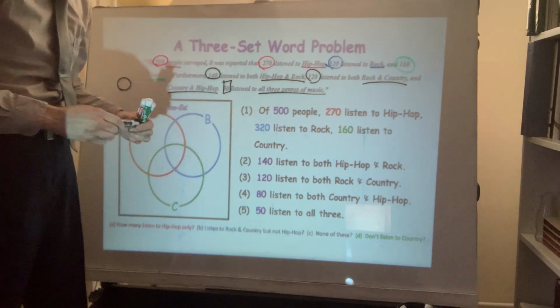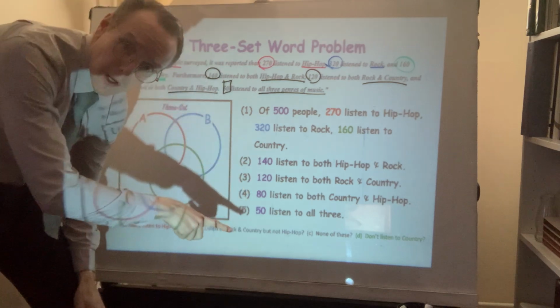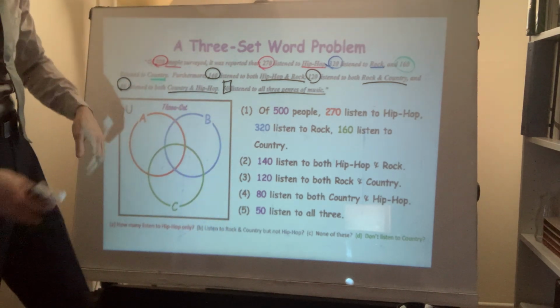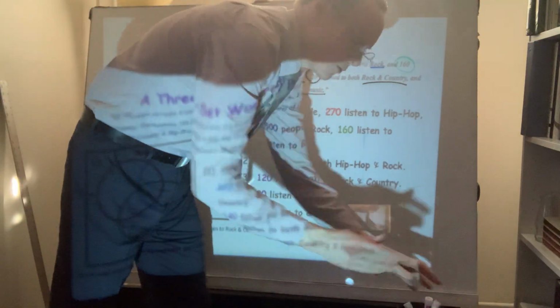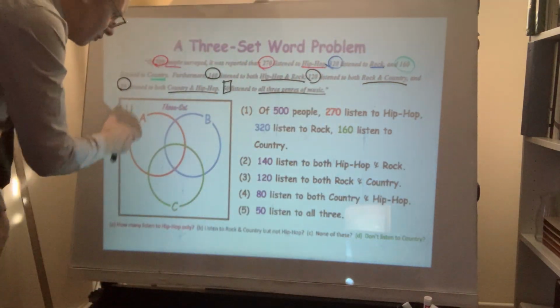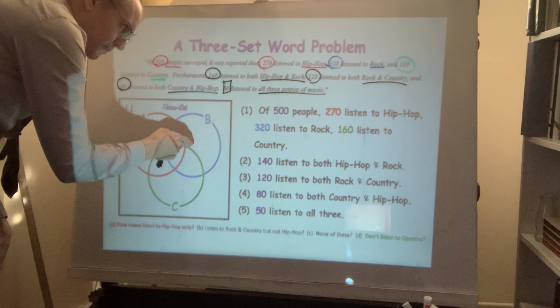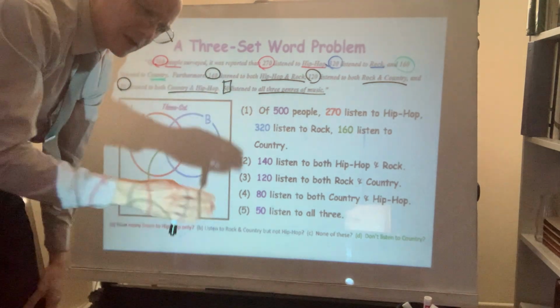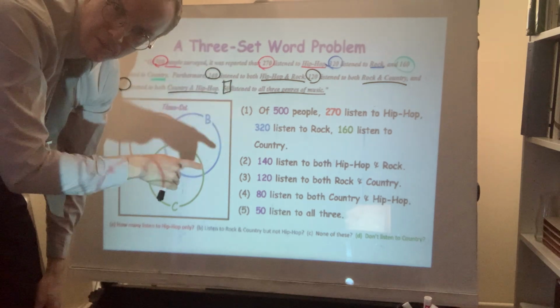Because I'm going to have to switch slides ultimately, I'm going to just do one thing now. I'm going to remind you firstly of what each of these regions would be labeled, because as you're going through the process of constructing the diagram, that is really the fundamental thing that you need to remember.